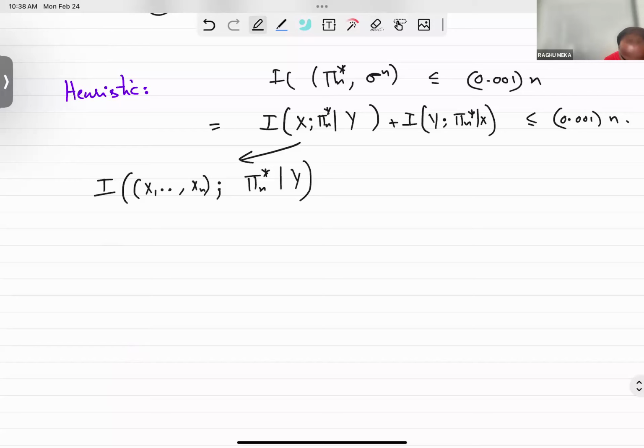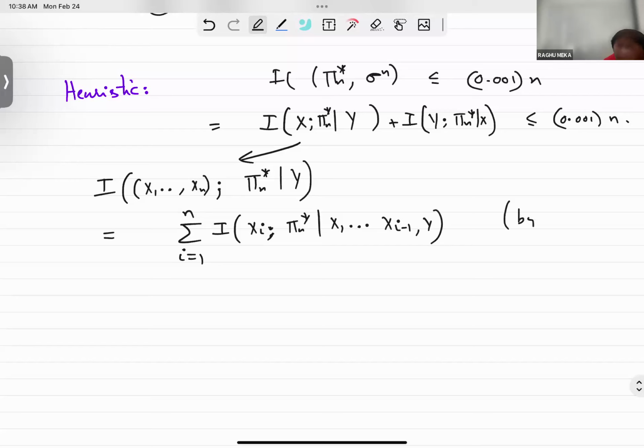So I can write this by the chain rule as the summation over i equals 1 through n of I(xi; pi n star | x1 through x_{i-1}, y). So if I pick a random index I, then this value is basically 1 over n times this, right? The expected, in some sense, cost. Okay, so that's the heuristic calculation.